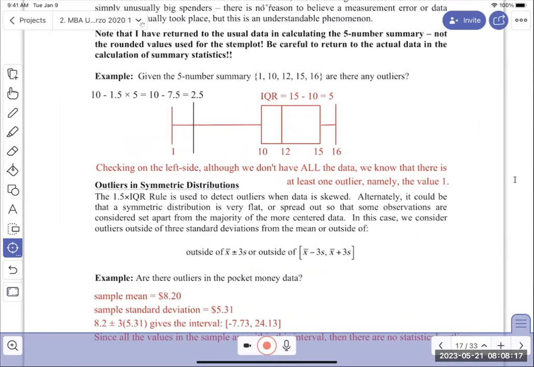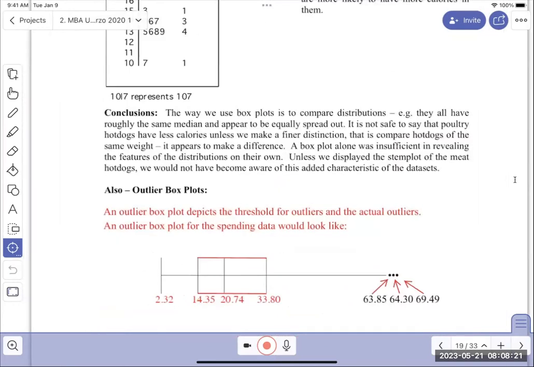If you use the outlier box plot, you go up till here. This limit is 1.5 times IQR. This distance here. So there are different widths. So you can use 2 formulas to find the outliers on the right or the left side, right?